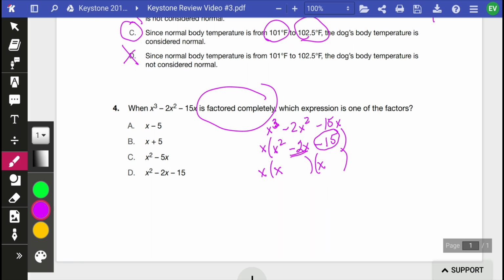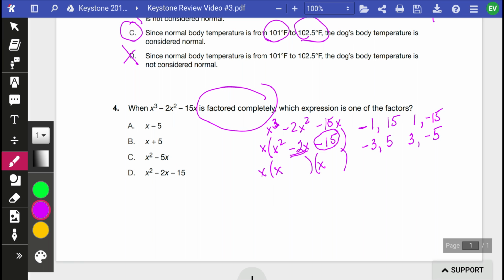So factors of negative 15 are negative 1, positive 15, or positive 1 and negative 15, but those don't work to add to negative 2. The other pair of factors is negative 3, positive 5, or positive 3 and negative 5.